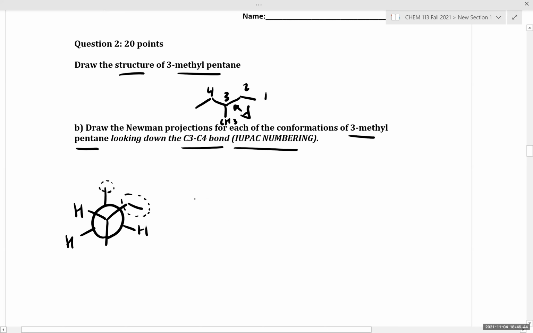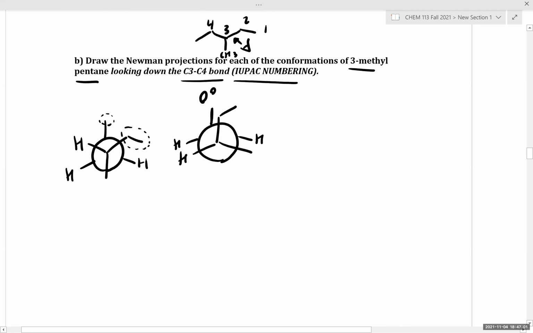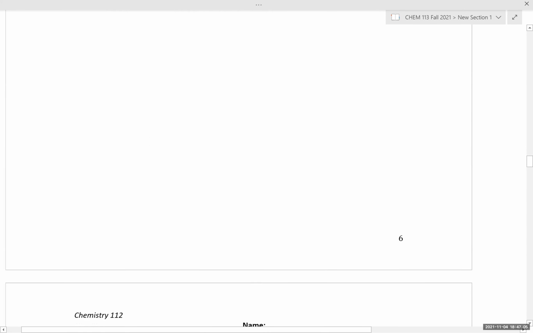I'm going to identify my 2 sterically largest substituents and separate them with a 0-degree dihedral angle. So this will be my first structure for 0-degree dihedral angle.